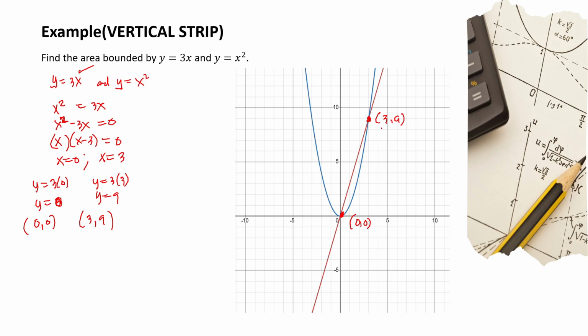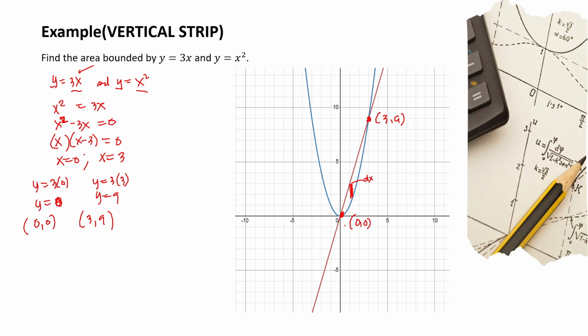So the next step is we need a vertical strip. This one is dx. Since the area is with respect to x, or dx, the functions are in terms of x.